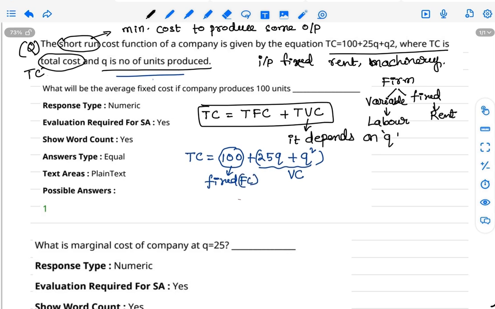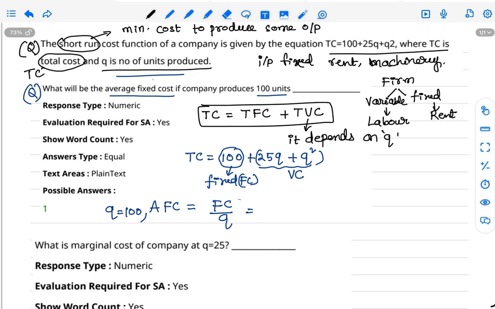In this question, they are asking what will be the average fixed cost if the company produces 100 units, that is, Q equals 100 units. What is meant by average fixed cost? Average fixed cost is equal to fixed cost divided by Q, the quantity.